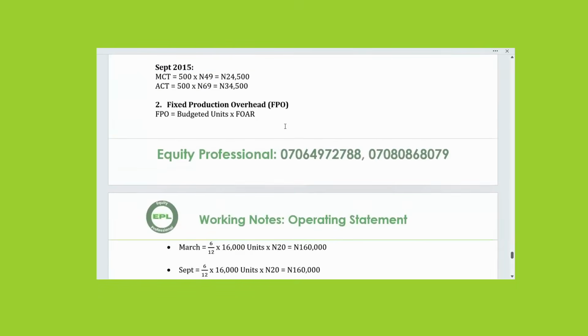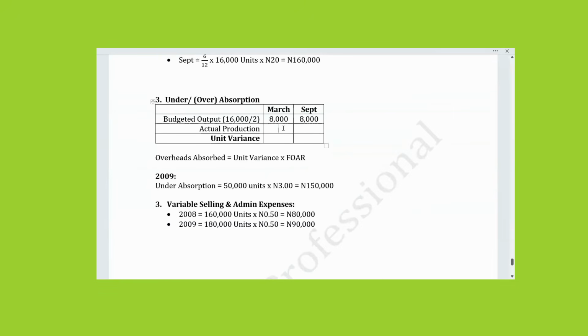So in September, there is under absorption, which is 1,000, multiplied by the fixed overhead absorption rate of 20 naira. That will give us 20,000 naira.